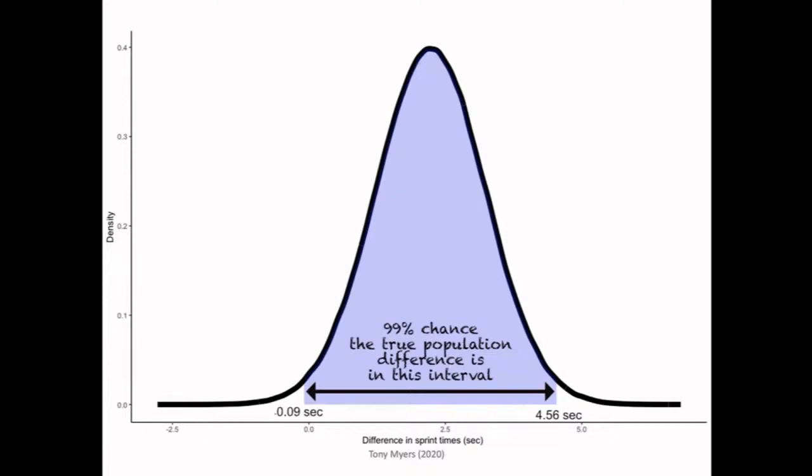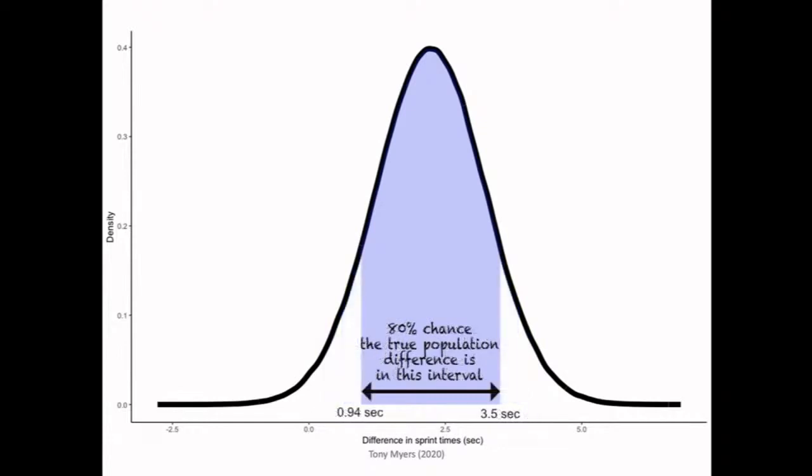We've got the traditional values of 99 and 95 we use in traditional statistics, but they are purely arbitrary values. We could calculate a 95% chance the true difference lies in this interval, so between 0.27 and 4.19 seconds. Calculate a 90% chance, an 80% chance, and these arbitrary values, depending on what we want to calculate, is very straightforward and easy to do.